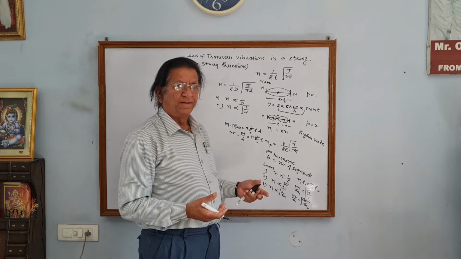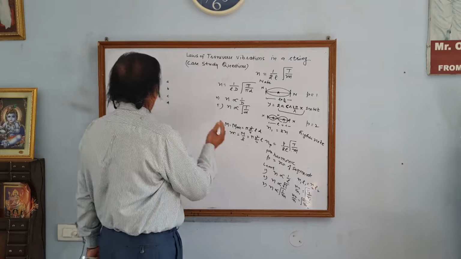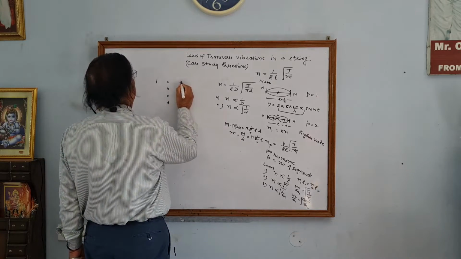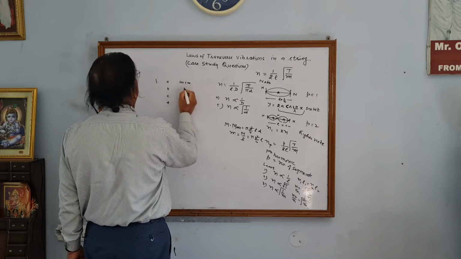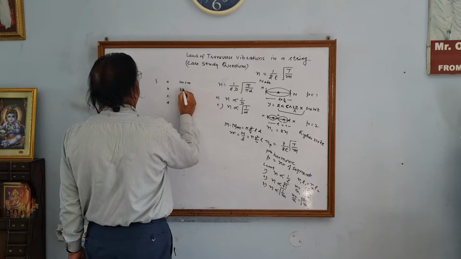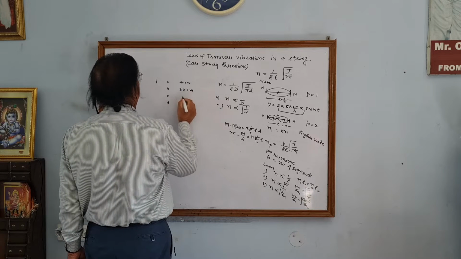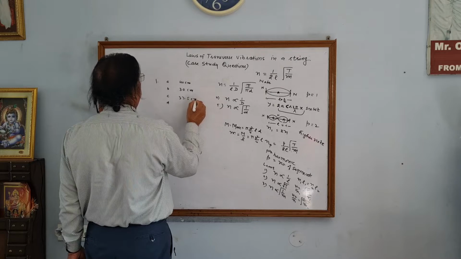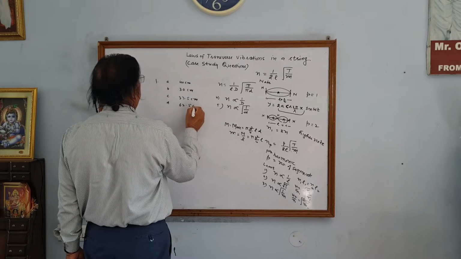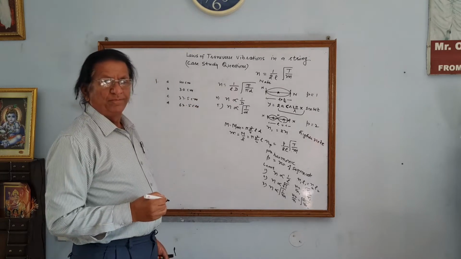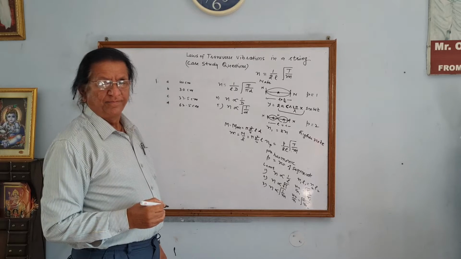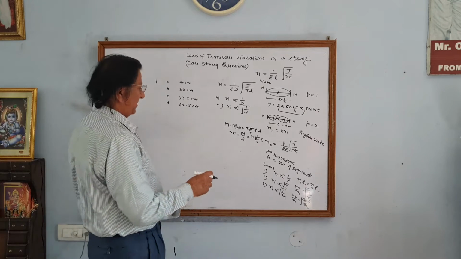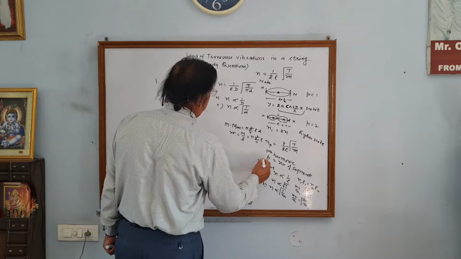Okay? Let us say the answer may be 40 centimeter, 30 centimeter, 37.5 centimeter, 62.5 centimeter. So if you apply this, the question is based on the law of length.